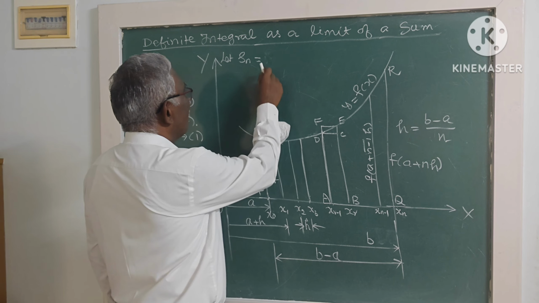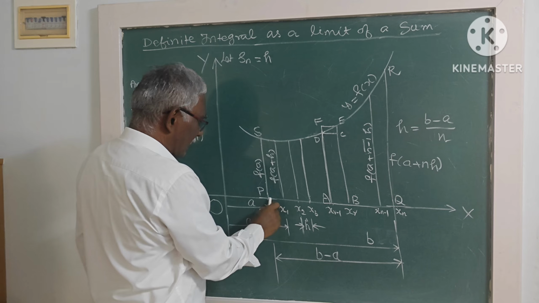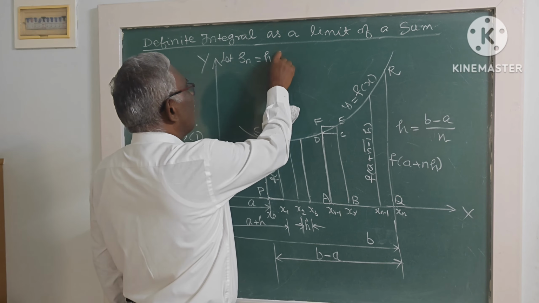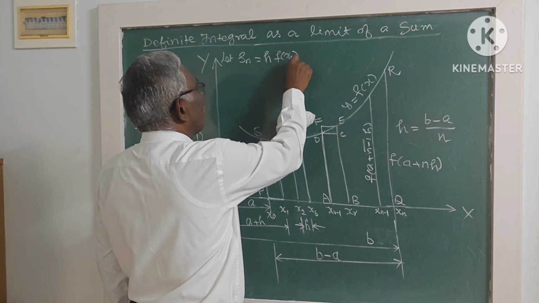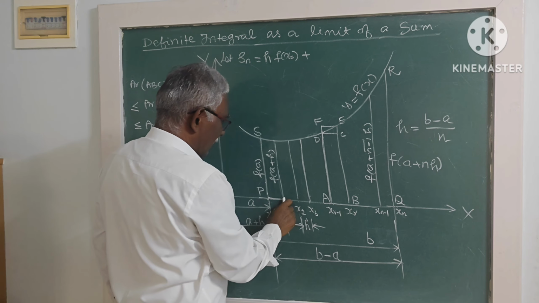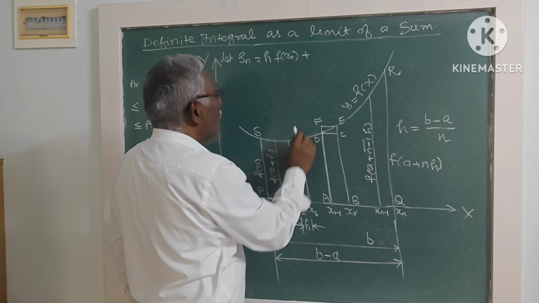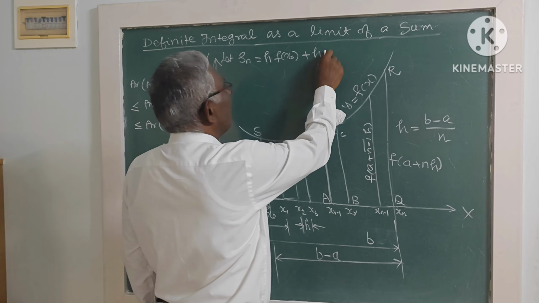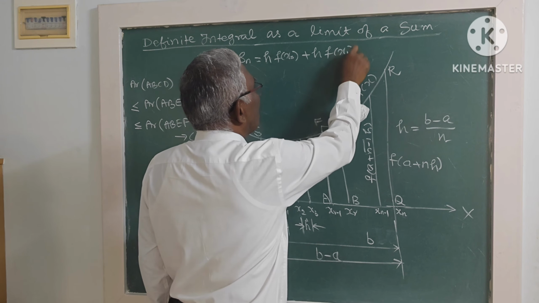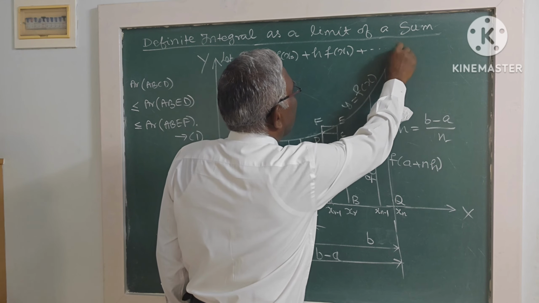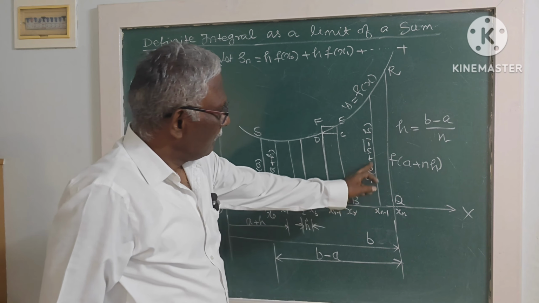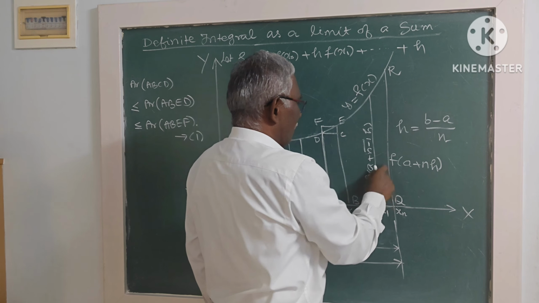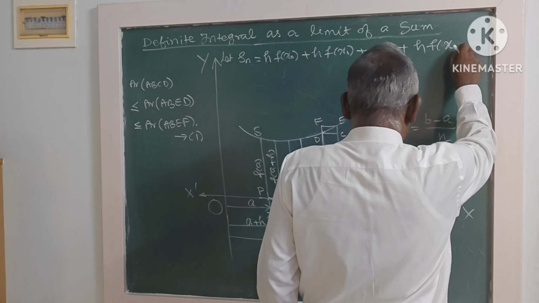Small sn is equal to h into f of x0 plus again h into f of x1 plus, and so on, the last one h into f of x(n minus 1).